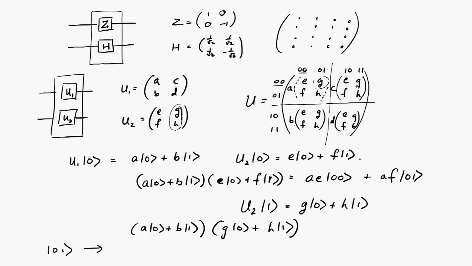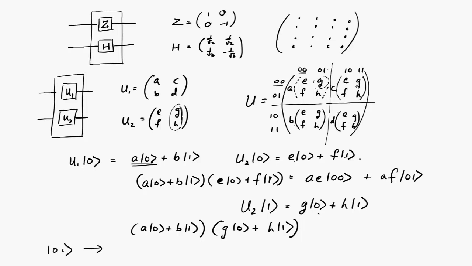Right, so as you can see, what we are picking up is |0> gets mapped to |0> with amplitude A from here, and then the second |0> gets mapped to |0> or |1>, or |1> gets mapped to |0> or |1> with amplitudes E, F, G, H, which is what we are picking up from here. And so we get to multiply those, and so we get A times E, F, G, H as we wanted.